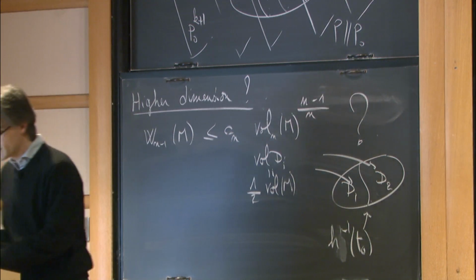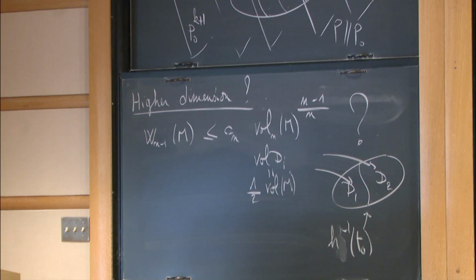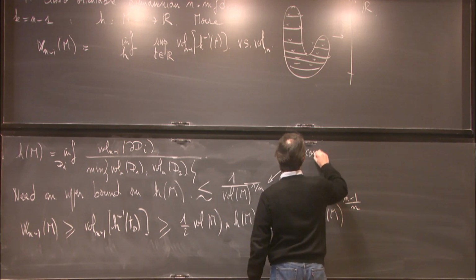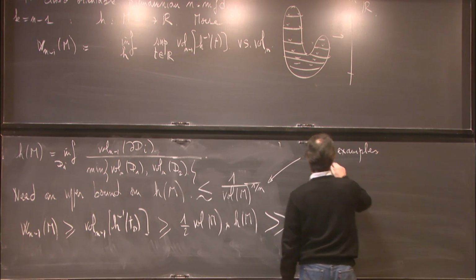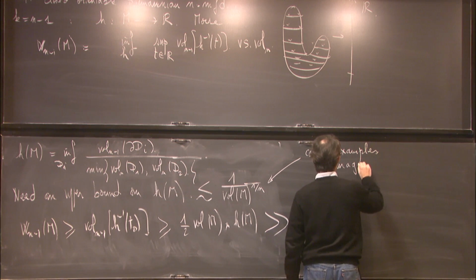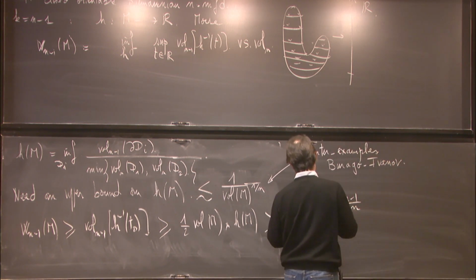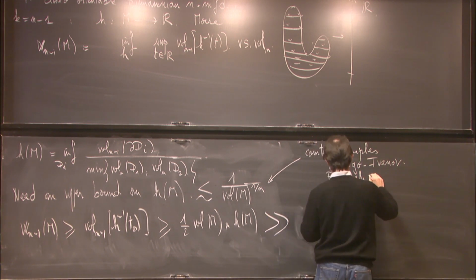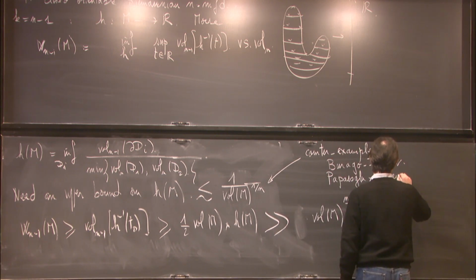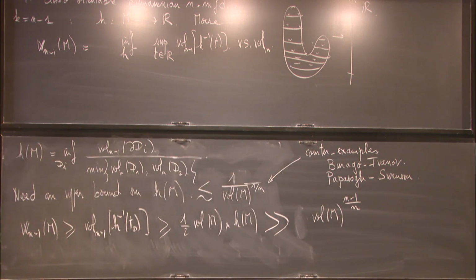Okay, and actually there are examples here where we don't have this upper bound. So there are counterexamples by Burago and Ivanov on the torus, and I think there's also a result by Papasoglu and Swanepoel for any manifold of dimension at least 3, I think, or something like that, or maybe on the sphere.